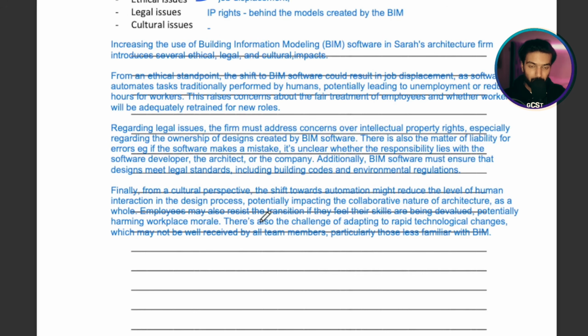Now, employees might also resist the transitions if they think that their skills are being devalued, potentially harming the morale of workplaces.